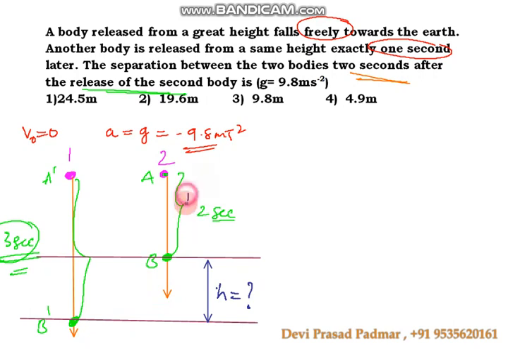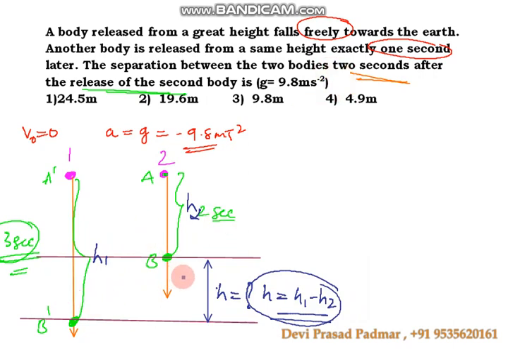Let this height be h2 and this height be h1. Then h is nothing but h equal to h1 minus h2. So that is what we need to calculate, the separation between first body and second body 2 seconds after the release of second body. Just calculate h1 minus h2.